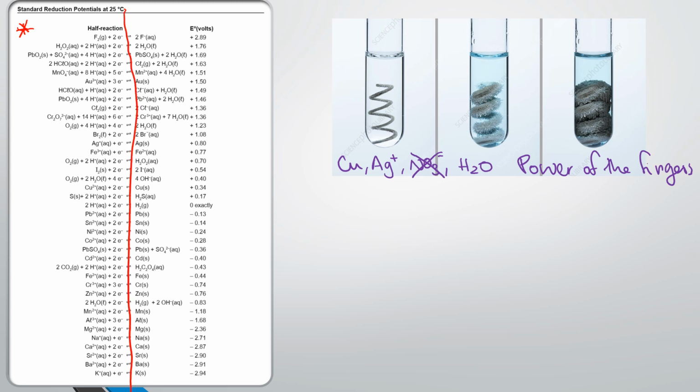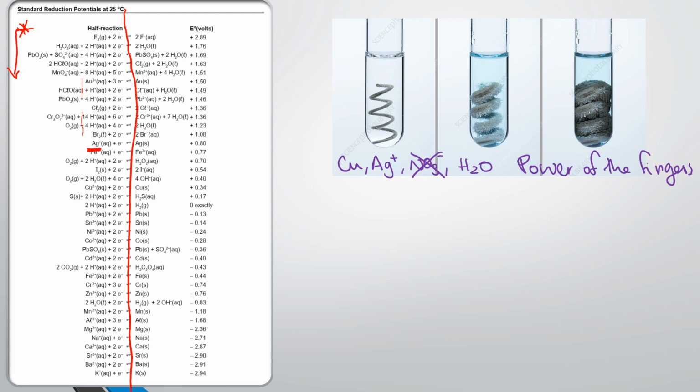Do not look at the right hand side at all, and you move your finger downwards until you find the first species on this list. So if I follow my finger downwards, I'm going down, down, down, down. The first thing I encounter is the silver ion.